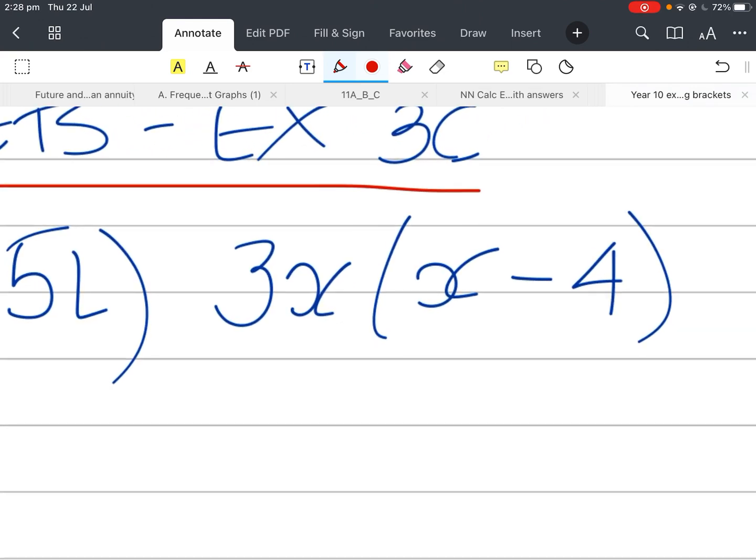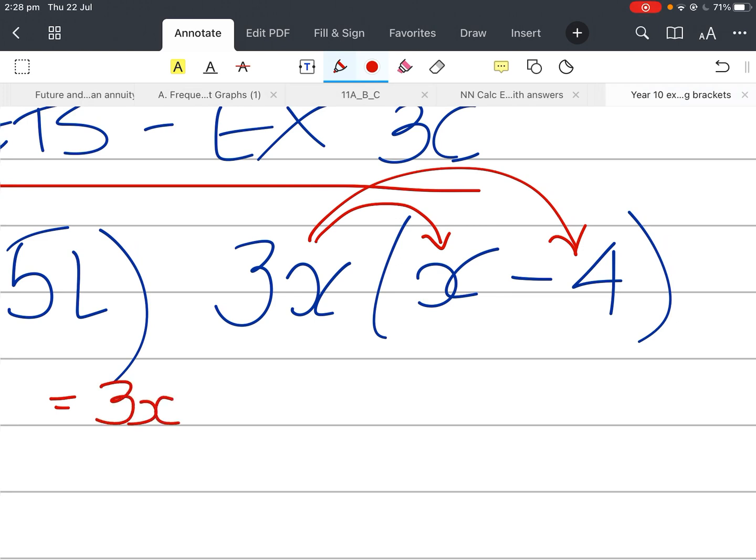Now this one here. So sometimes you can get a number and a letter on the outside. Now that means you've got to multiply the number and the letter by not only the x inside the brackets, but also the -4. So if I write that out, and this is the working out I suggest to you, I'm going to write the number and letter outside, 3x, and I'm going to multiply it by the first one inside the brackets.